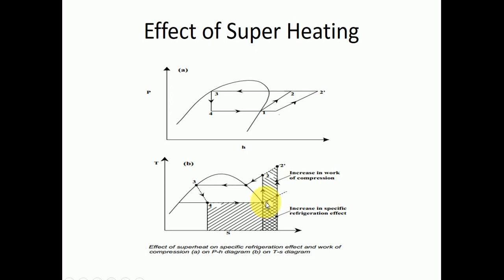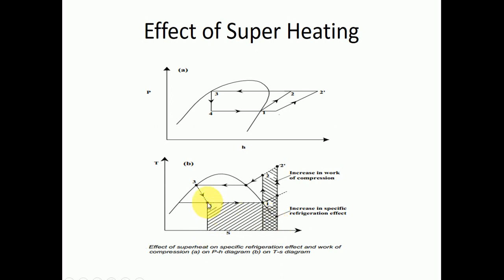If we increase the temperature from 1 to, let's suppose, 1 dash by evaporating it further, then the compression goes from 1 dash to 2 dash, and from 4 to 1 dash we have increased the refrigerating effect.